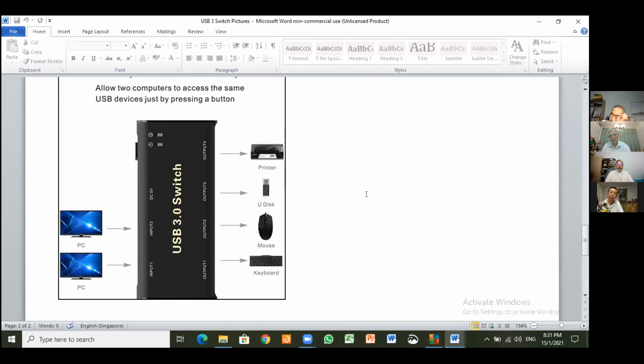KVM is only for these two, right? So for this one, you can connect everything. You can share the disk between these two PCs, and a printer also can. I think with KVM, a printer cannot be shared. Maybe KVM shares only these two, correct, if I'm not wrong.